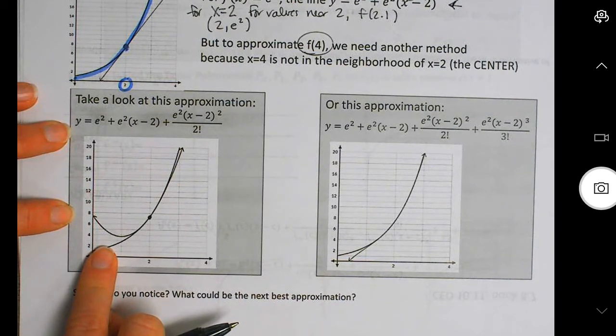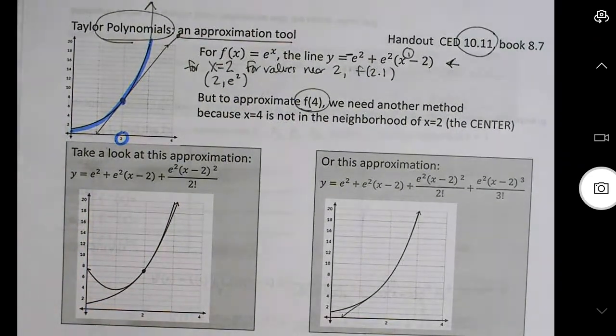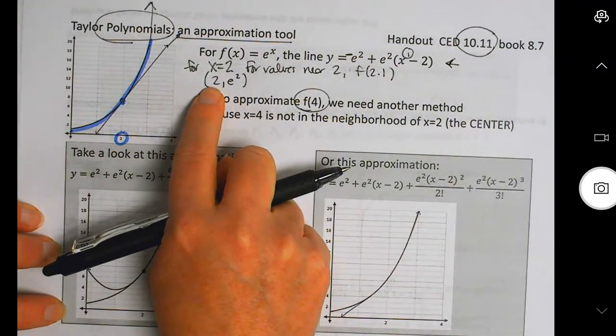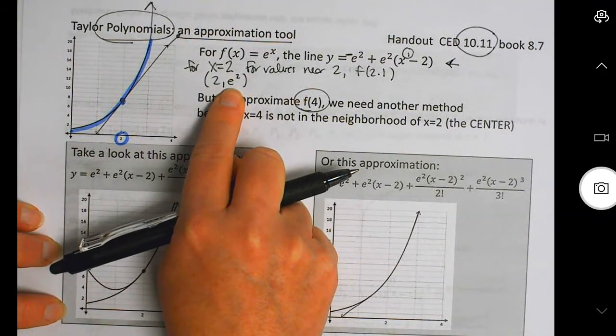I put a negative because look right here. This is the point (2, e to the 2). If I write y minus y1 equals m times x minus x1, I said that backwards.